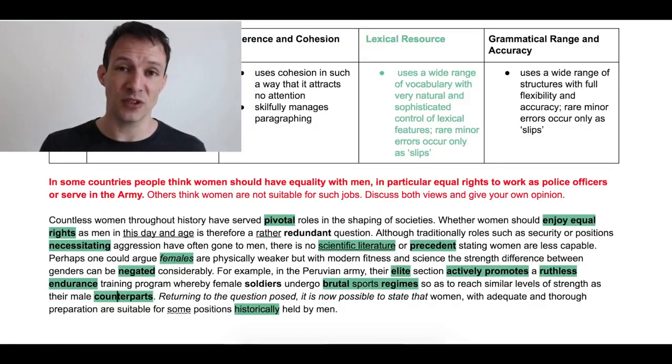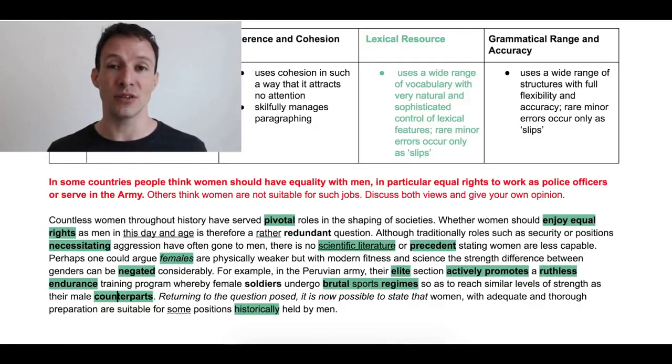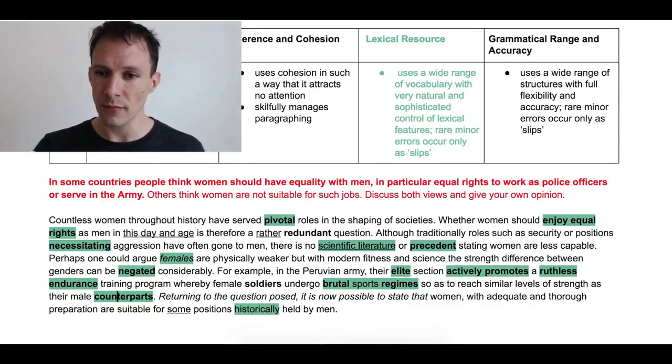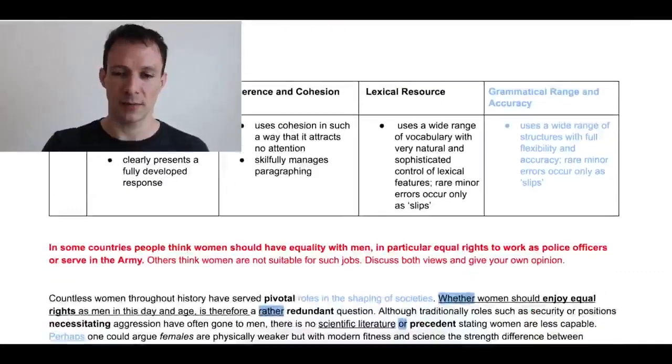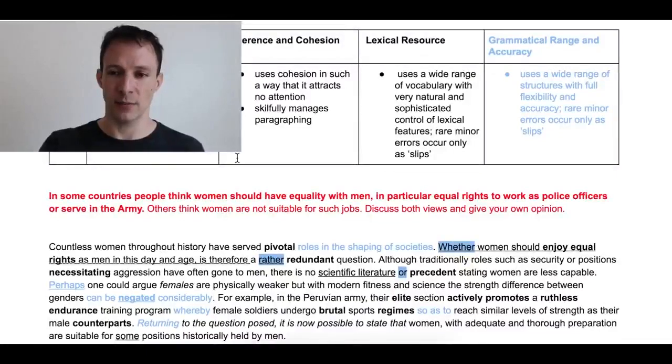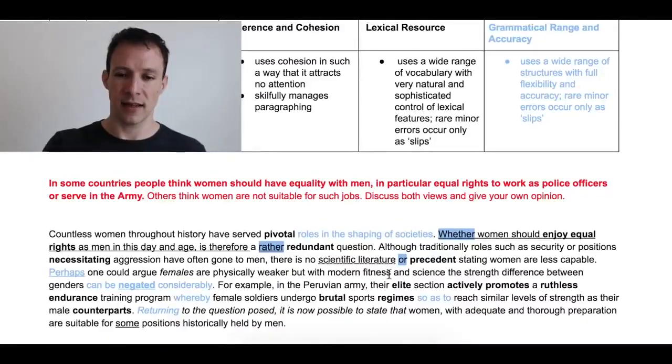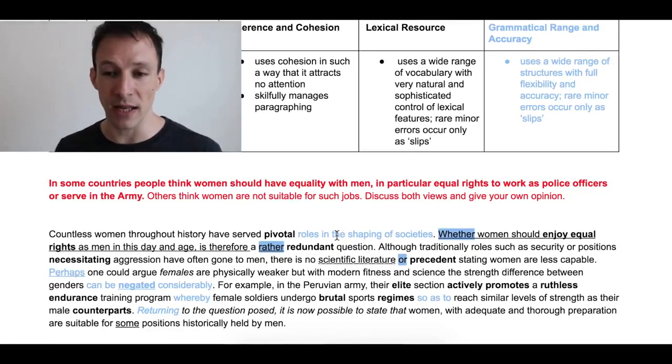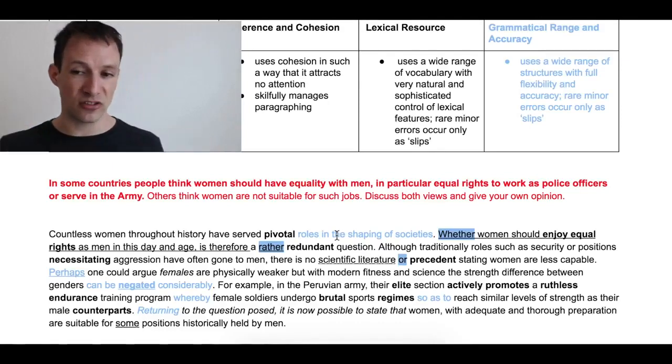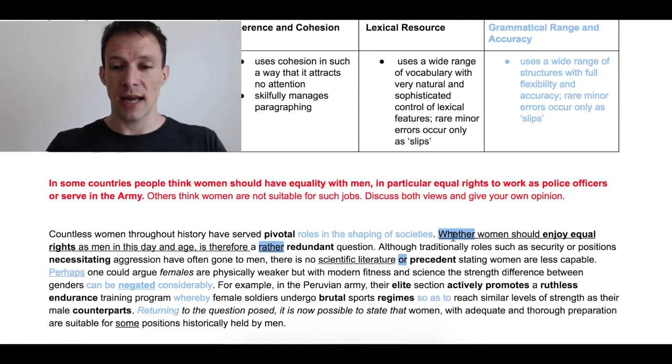So this is why it's fundamental that you get your grammar under control. I'll go into this in a second, but you can see here that the blue parts are where I've identified more advanced grammar, and like the other one, there are no slips and no errors.